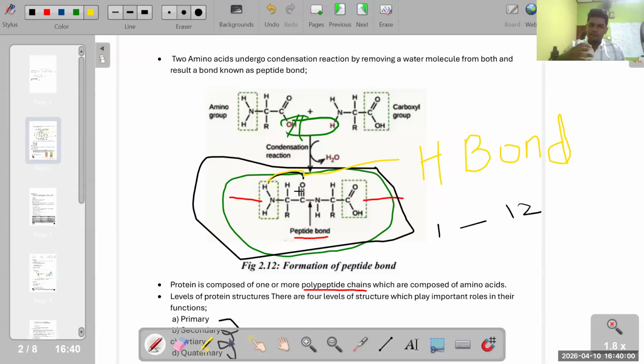Is it formed between the backbone and side chain, or side chain and side chain? It's a really difficult question. Backbone and side chain, there are two identical edges. Using backbone and side chain.